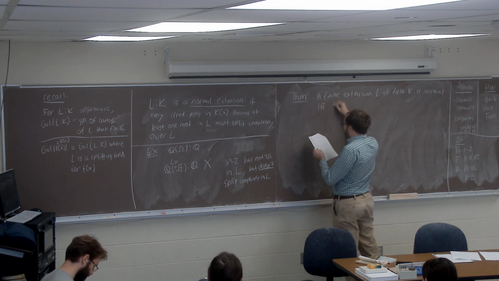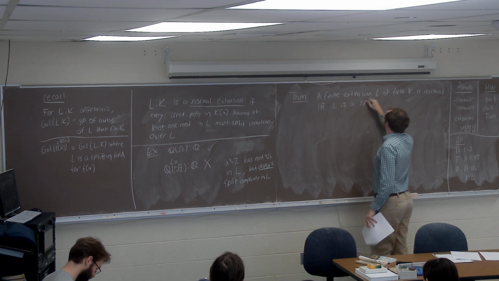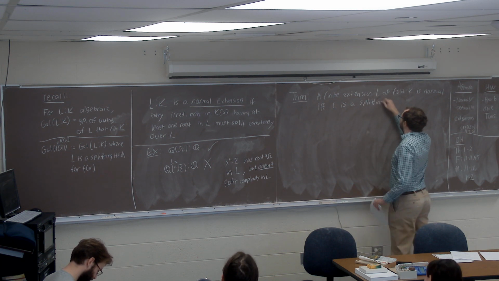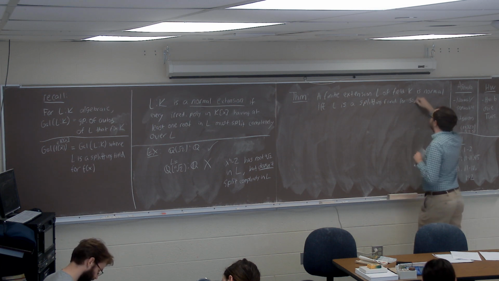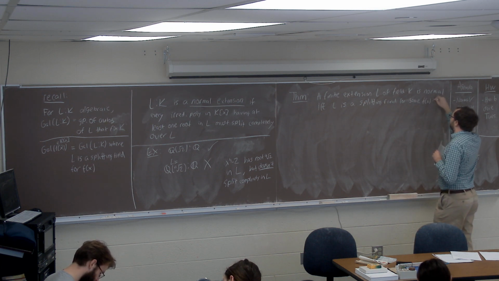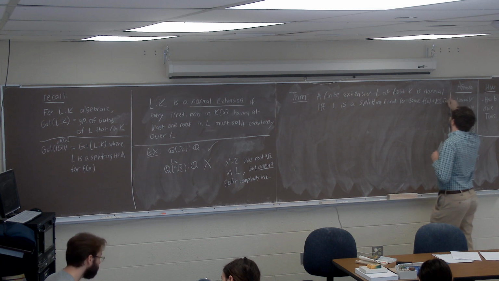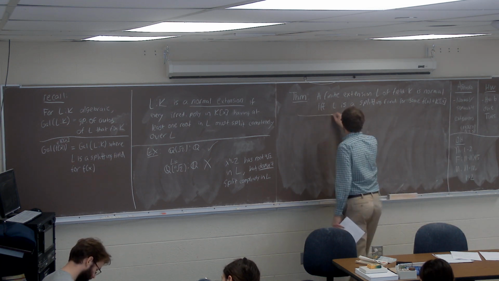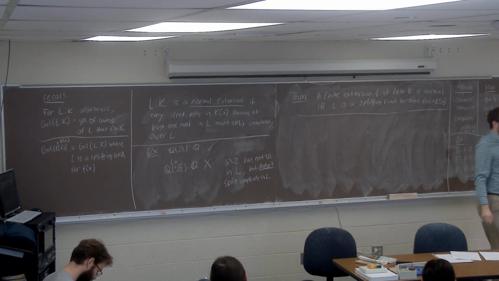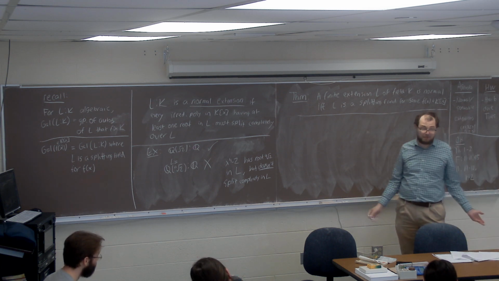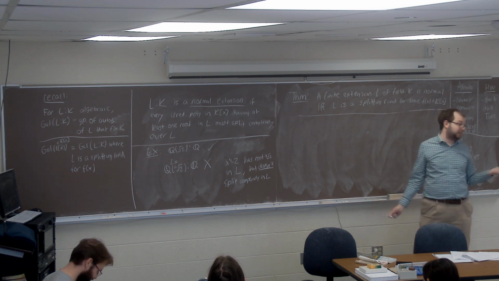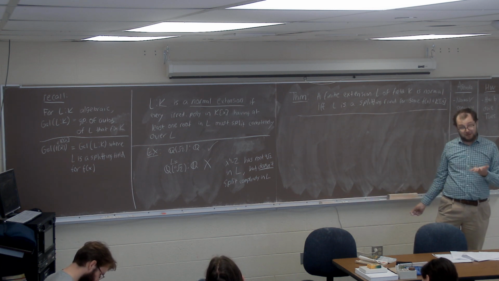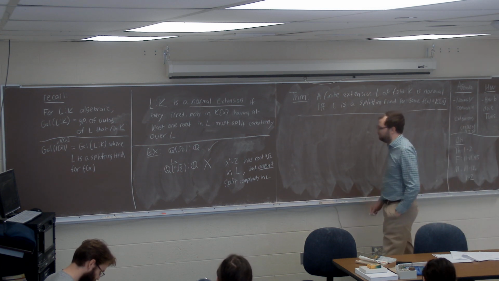If and only if L is a splitting field for some f(x) in our polynomial ring. So if you take a splitting field over your base field, you're always going to get a normal extension, and something that can't be written as a splitting field will never be a normal extension, according to this theorem.